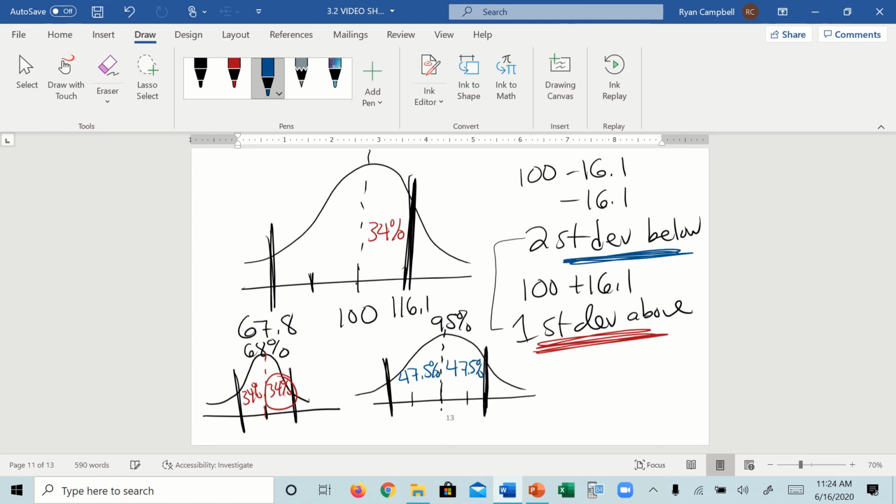Since we want below, this is the percentage we want, right? So 2 standard deviations below, this would be 47.5. So if we add these two together, we end up with 81.5%.